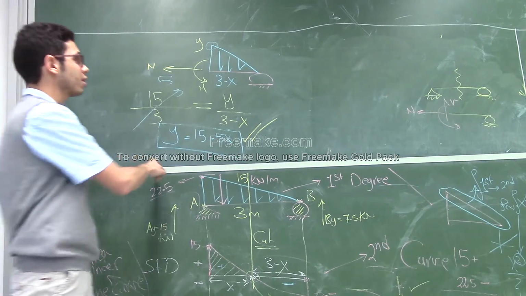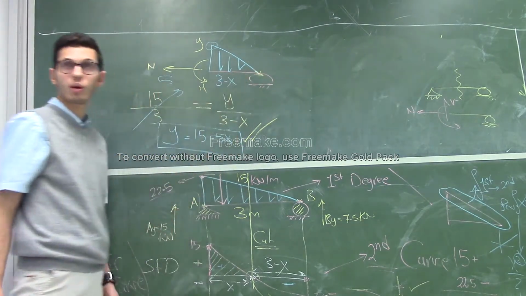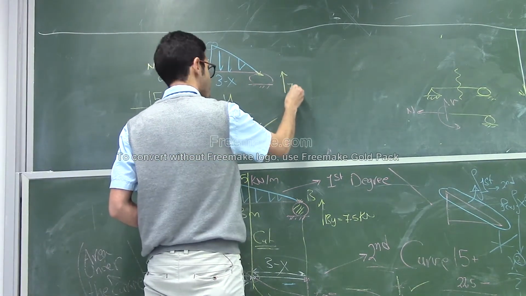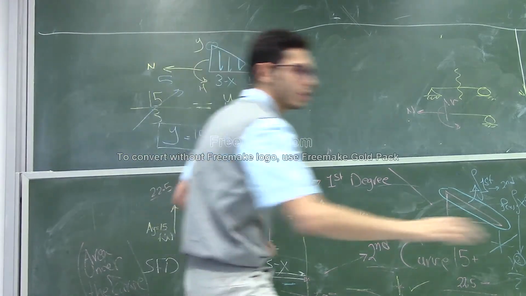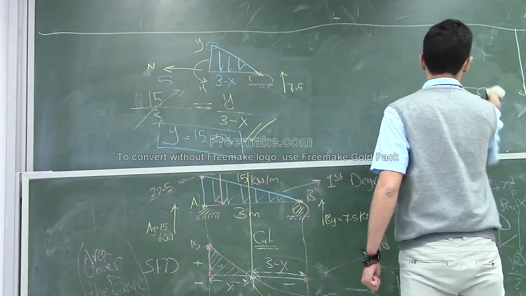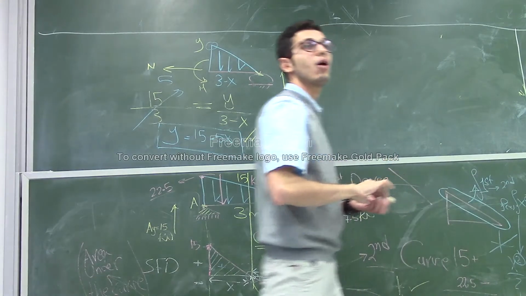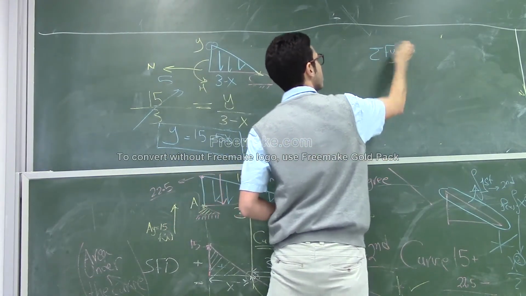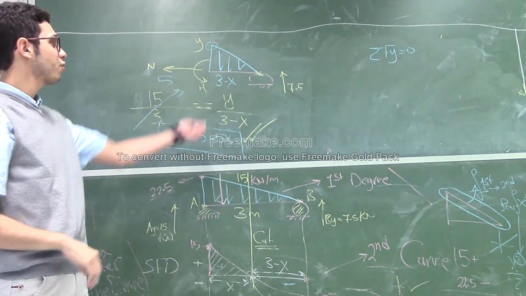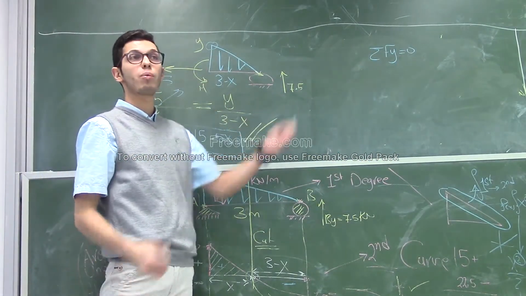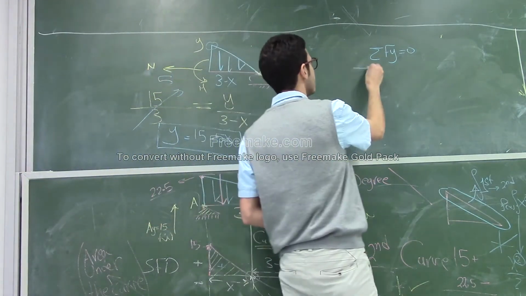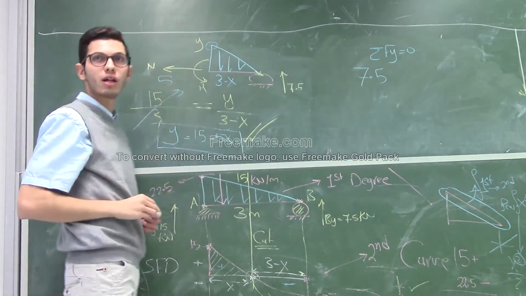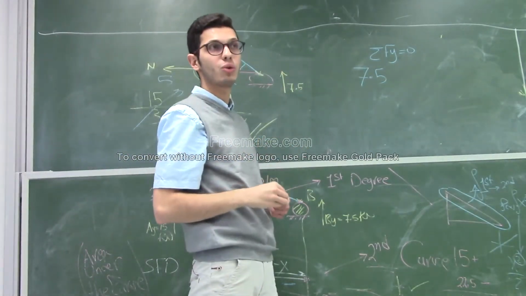Now, after that, we know here we have a roller support, and we found the reaction for this roller. How was the reaction for this one? 7.5. Perfect. According to this, I can now apply this simple equation: the summation of Fy is equal to 0. What forces do we have in the y direction? We have 7.5 upward, and we have this triangle, which I should turn into a point load.